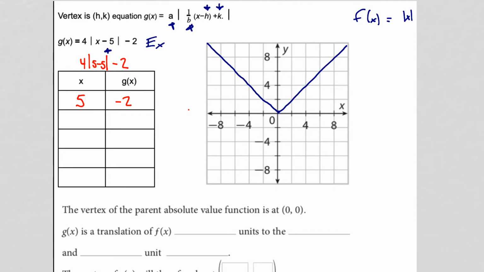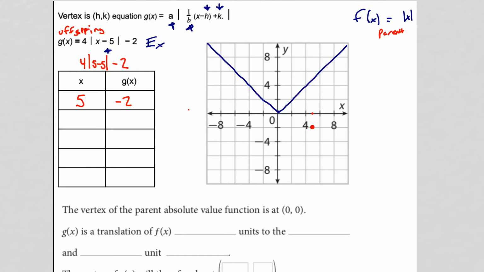Let's plot this in red. If this is the parent, we're going to call this, and this isn't a technical math term, the offspring absolute value. We've got our parent function and our offspring function, so to speak. I'm going to find 5. Here's about where 5 is, and then we've got to go down to -2.